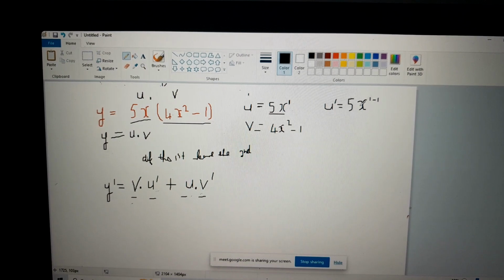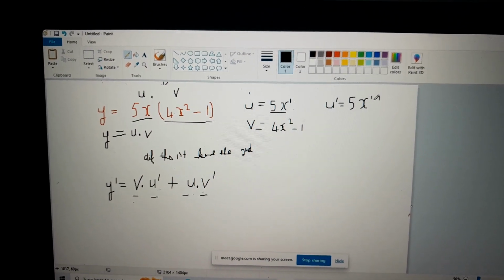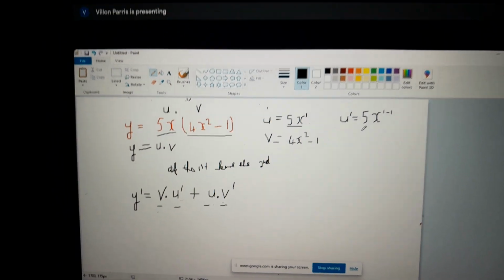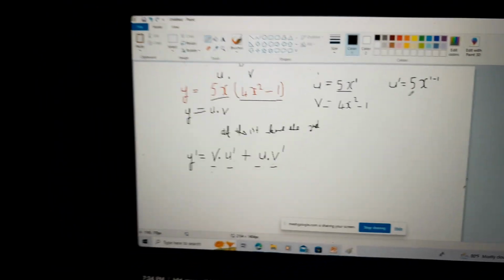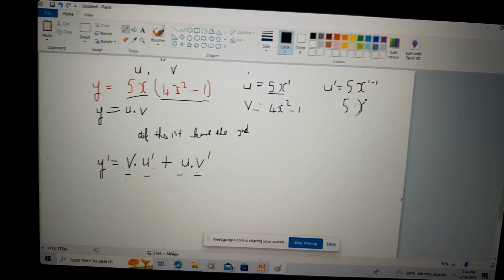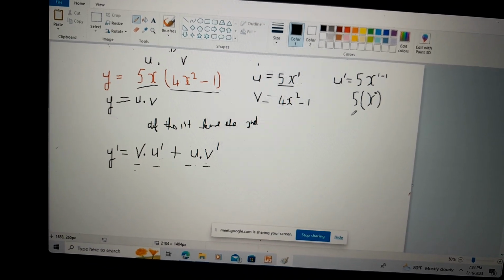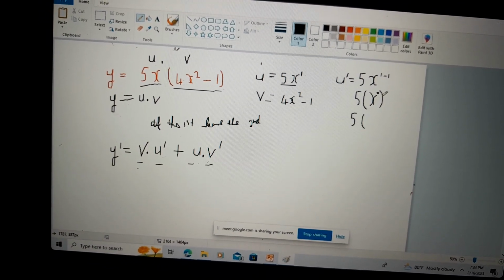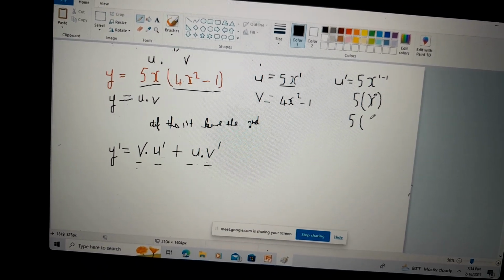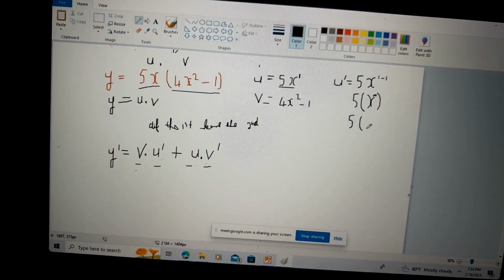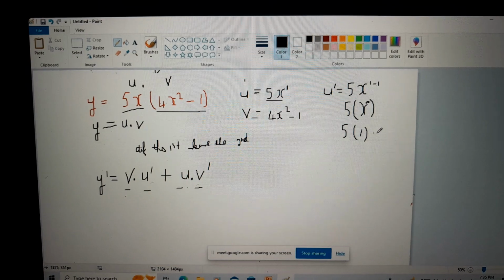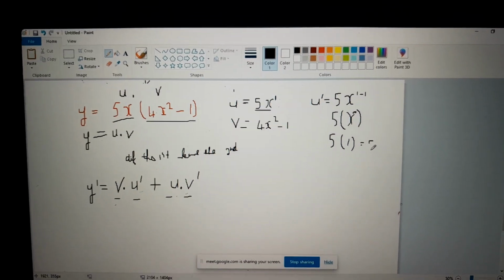So what will happen here now? 1 minus 1, what will we get? 0. We have x to the 0 power, so that will give you 1. So it will be 5. Great, wonderful.